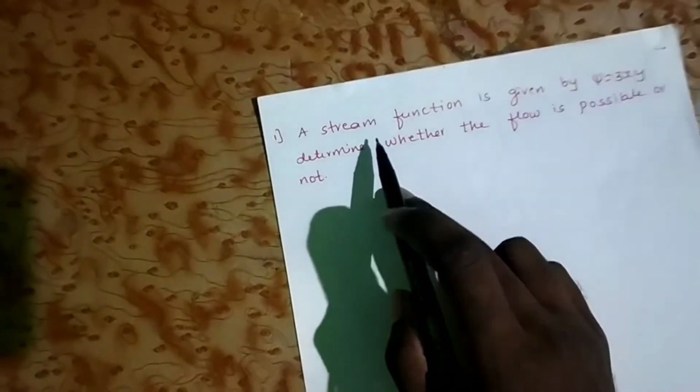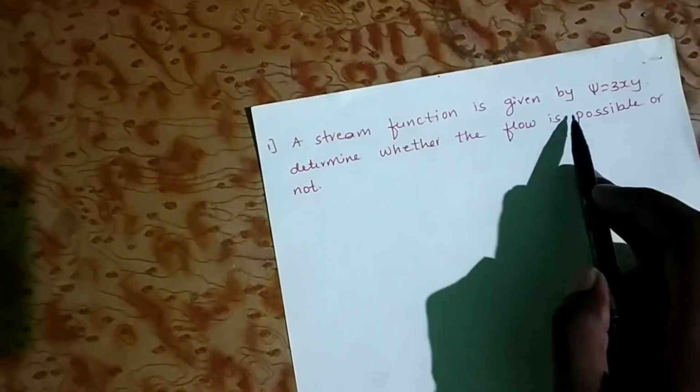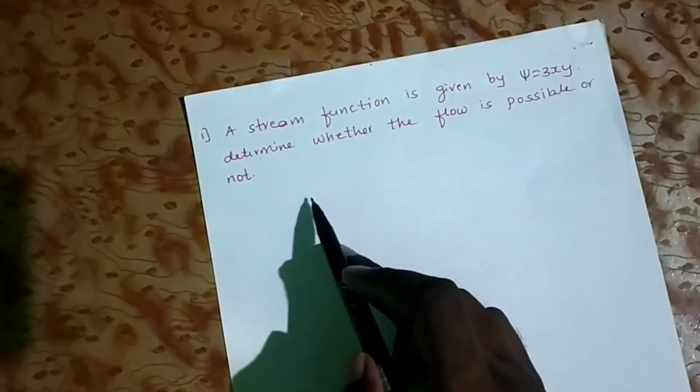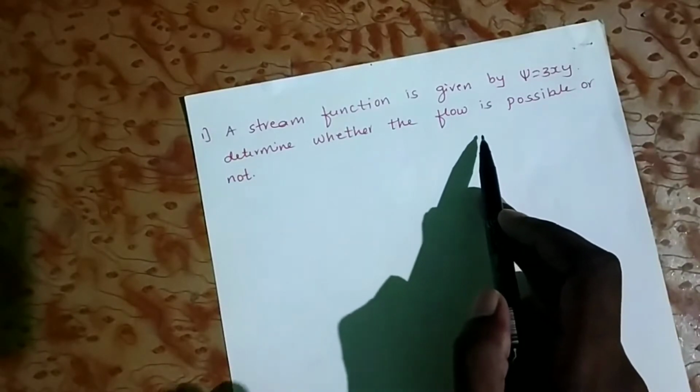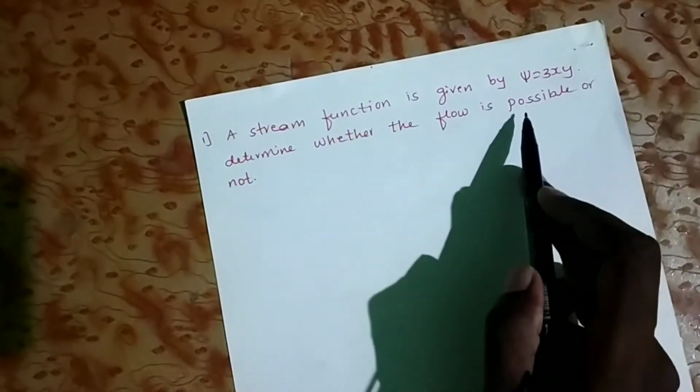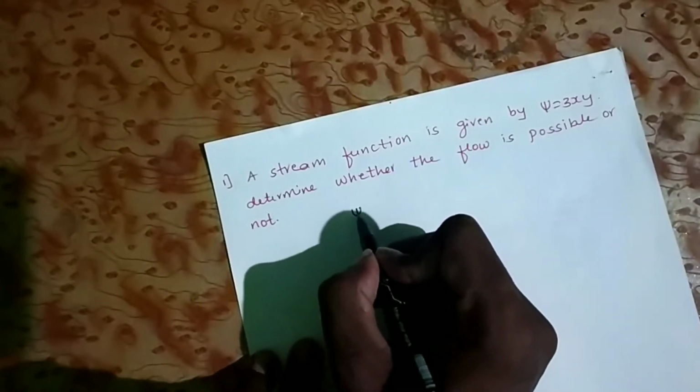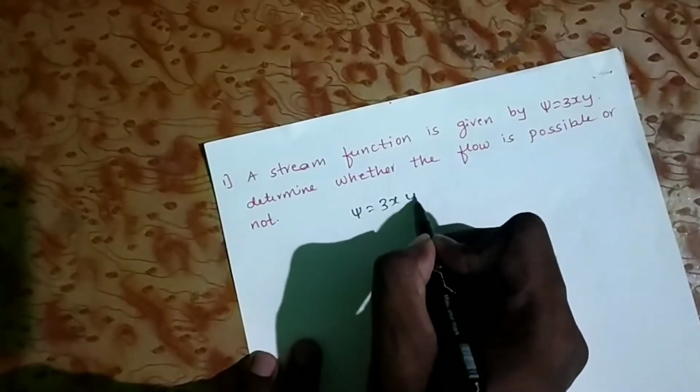This is the problem. A stream function is given by psi = 3xy. Determine whether the flow is possible or not. We have to check whether the flow is possible or not. Here they have given the stream function psi = 3xy.